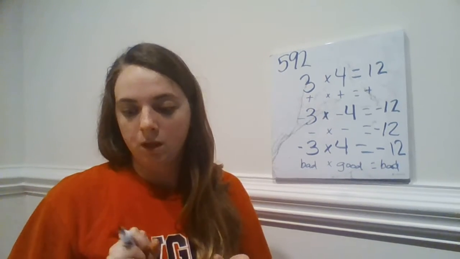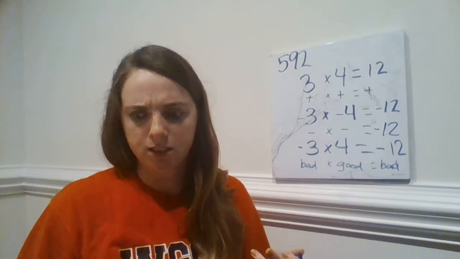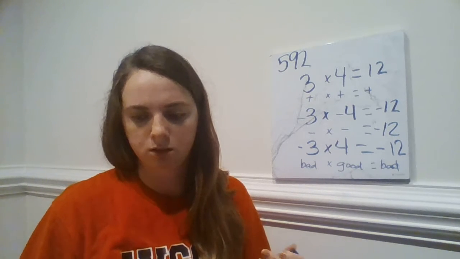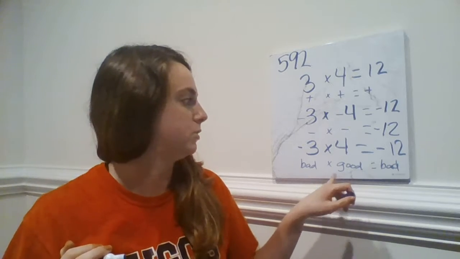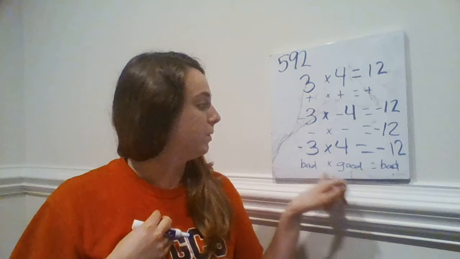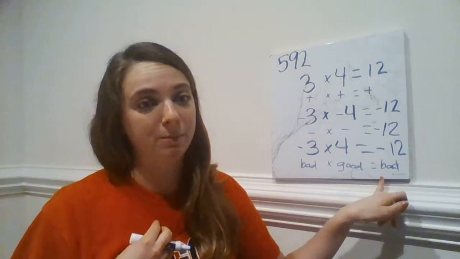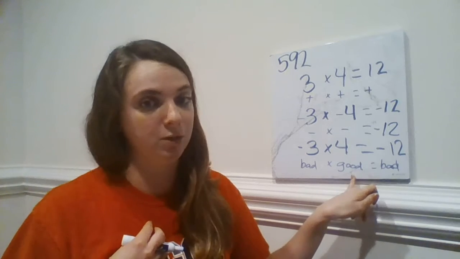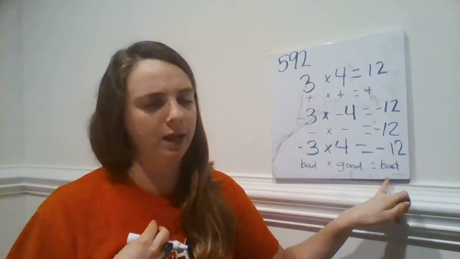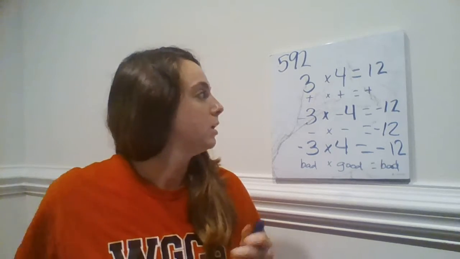Say, I don't know what a bad thing is. We all are good people, we have to be quarantined. That's bad. That's a good way to remember it. Bad thing happens to good people, that's bad. We don't like that. So those are the rules that we're going to be working with today.